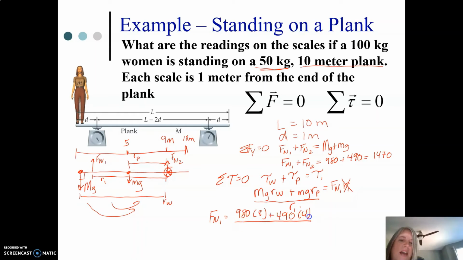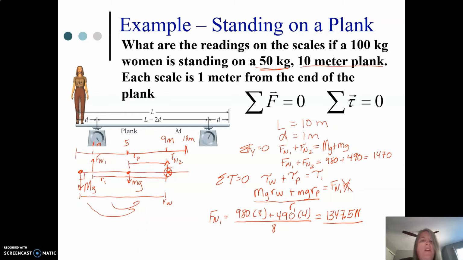And then we're going to divide by the distance from that normal force, which was 1 meter from 9, and that's going to be 8. So now we just do some algebra and calculations, and we're going to get that this normal force is 1,347.5 newtons, because it is a force.